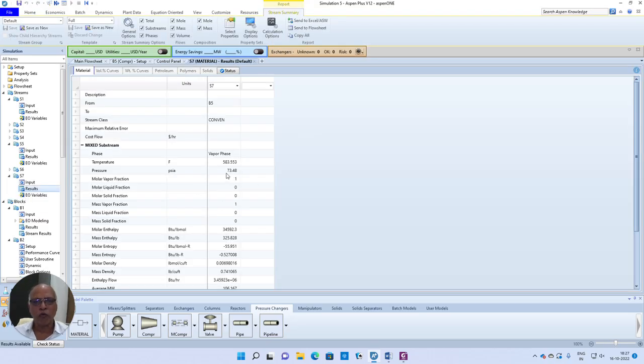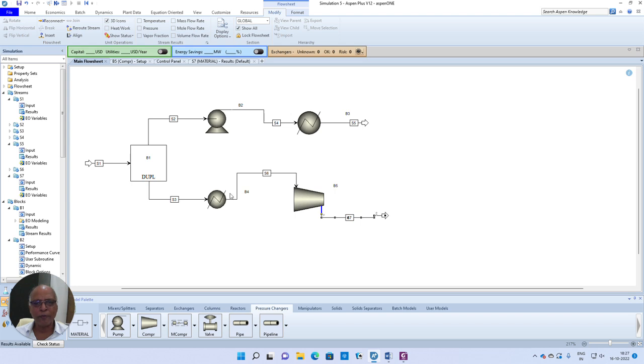So in the second case, we were able to get the required pressure of 73.48, but the output temperature is not at the required value of 752. So why is it? Because we assumed the temperature at the exit of this heater block as 500.